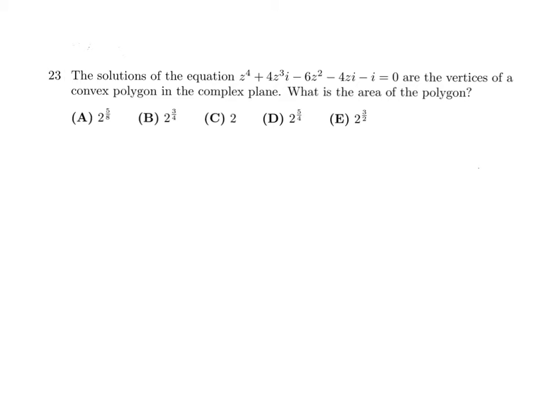All right, so the claim here is that this has something to do with z plus i to the fourth. So let's just check. Let's expand z plus i to the fourth.